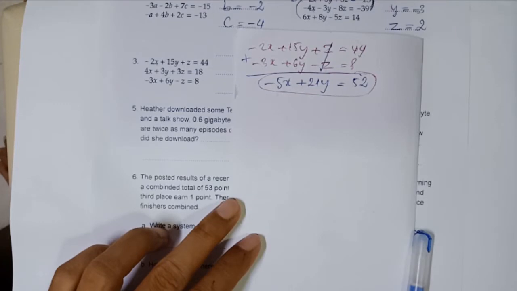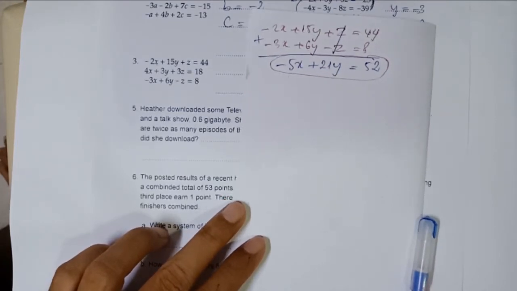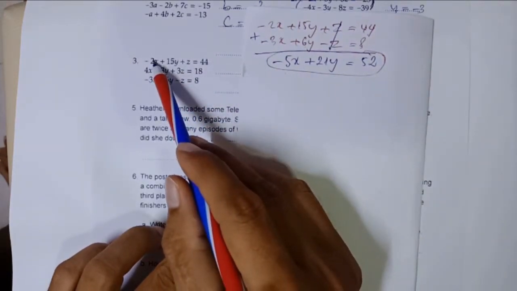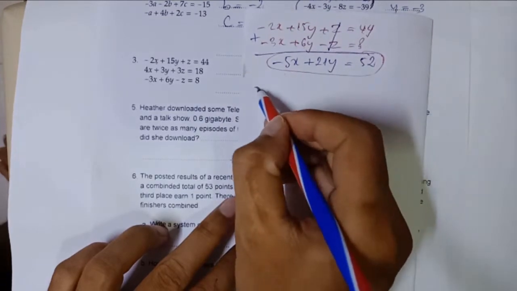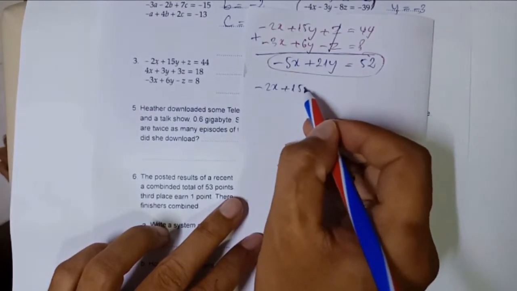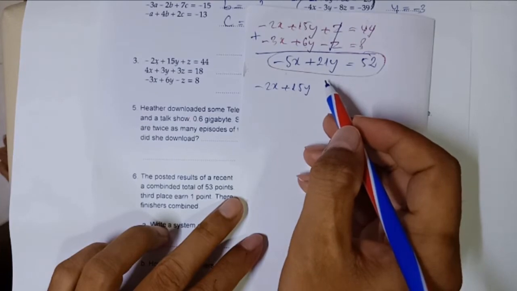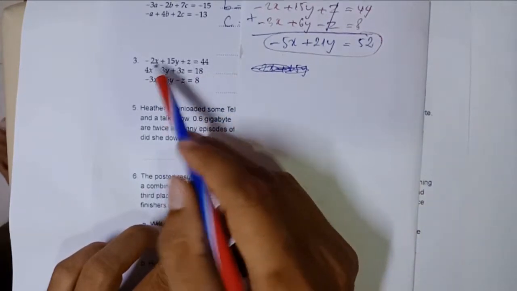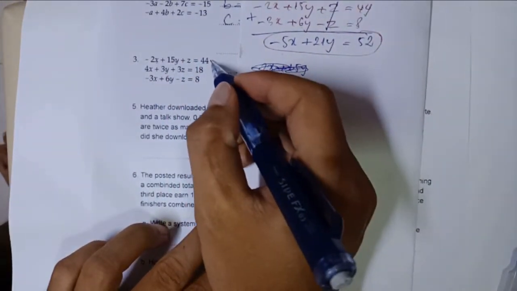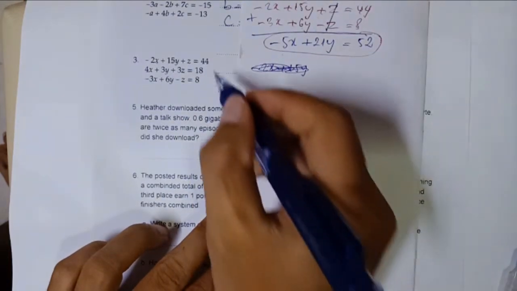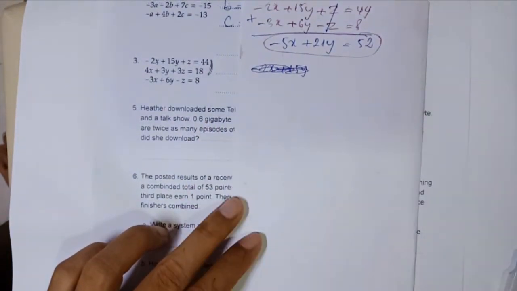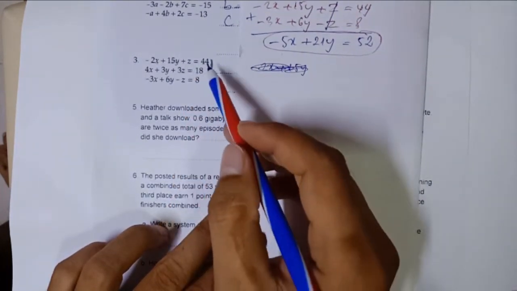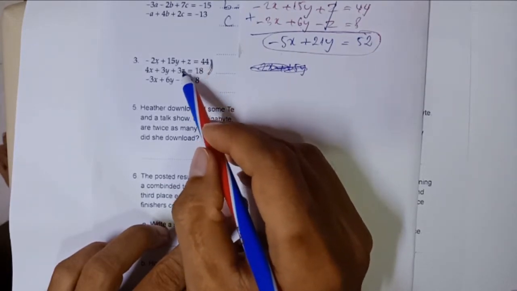And then the second grouping, I'm going to group the first with the second. We want to eliminate z. Here you have 1z and 3z, so I will multiply the first one by 3 to make it become 3z as well.